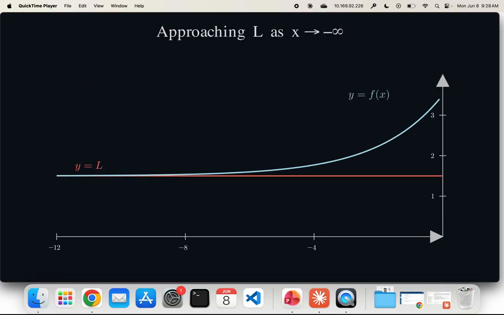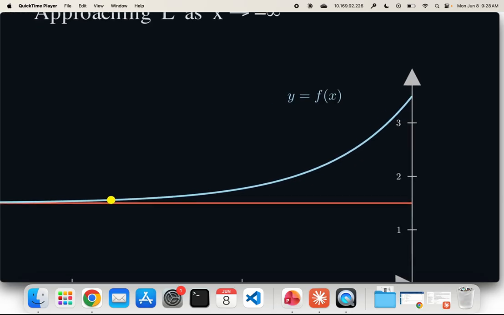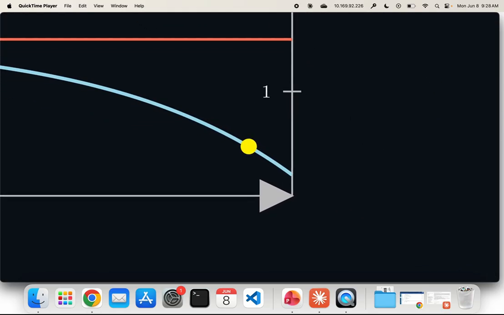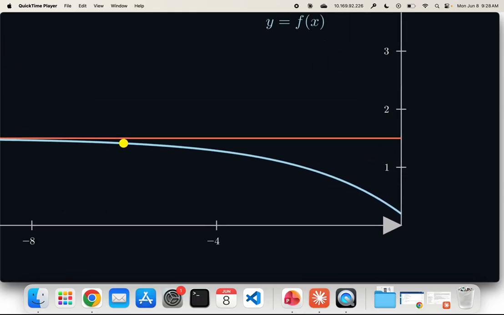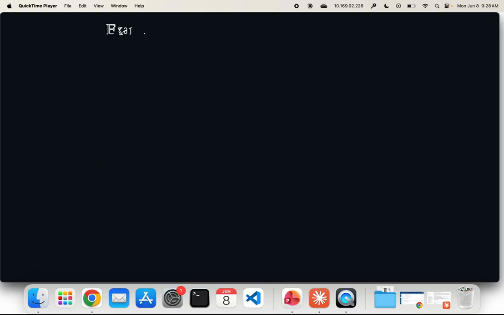Again, here's the line y is L, and I'm going to take a point and approach negative infinity. Notice that the function is getting closer and closer to the y value L. Same thing here. As x approaches negative infinity, the function is approaching the horizontal line y is L.